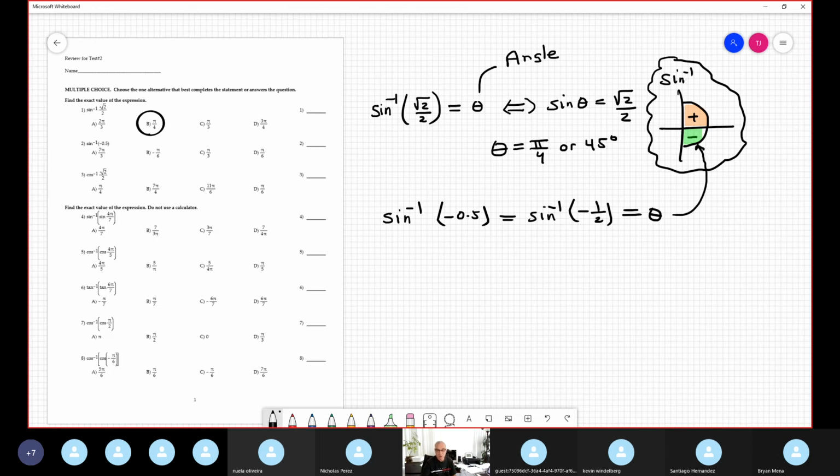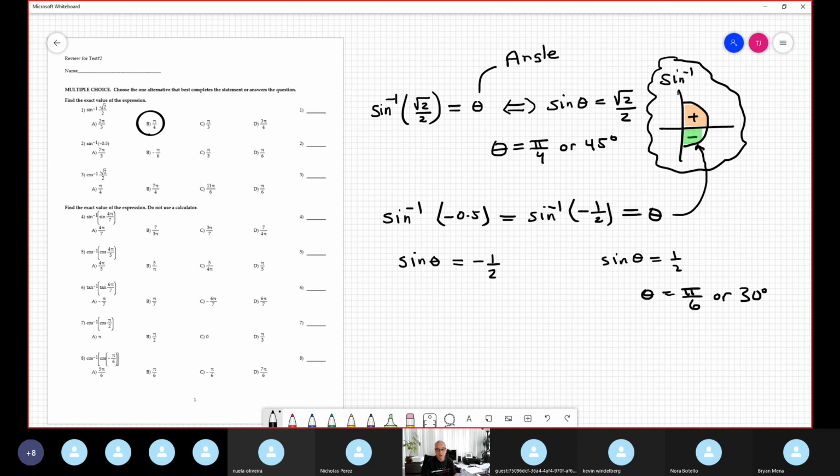And to understand much better, I copy like that. Sine theta, the regular sine, not inverse trigonometry, direct trigonometry, is equal to negative 1/2. And the positive half, so sine theta equals half is pi over 6, or 30 degrees.